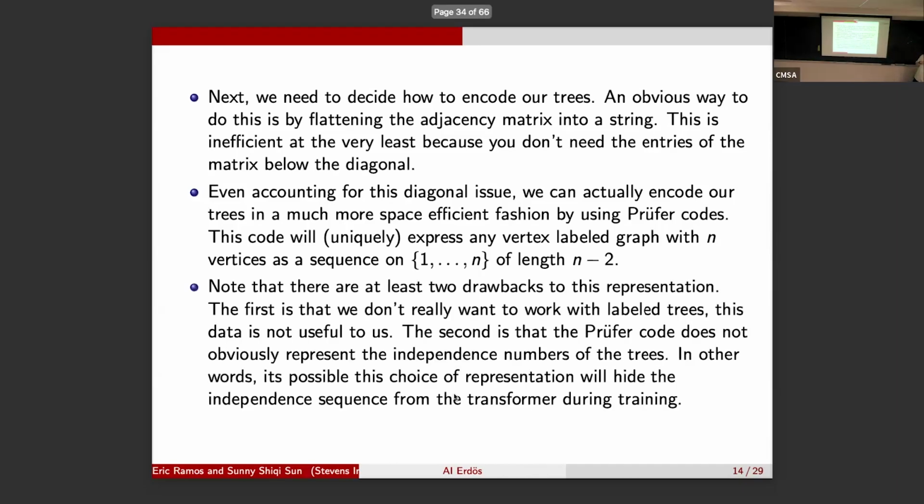Now, note that there are at least two drawbacks to this particular representation. The first is that we don't really want to work with labeled trees. What I care about is the independence sequence, and the labels on the vertices here don't add anything. Remember what was said before, that on 25 vertices there are like 100 million trees. 25 to the 23rd power is considerably bigger than 100 million.